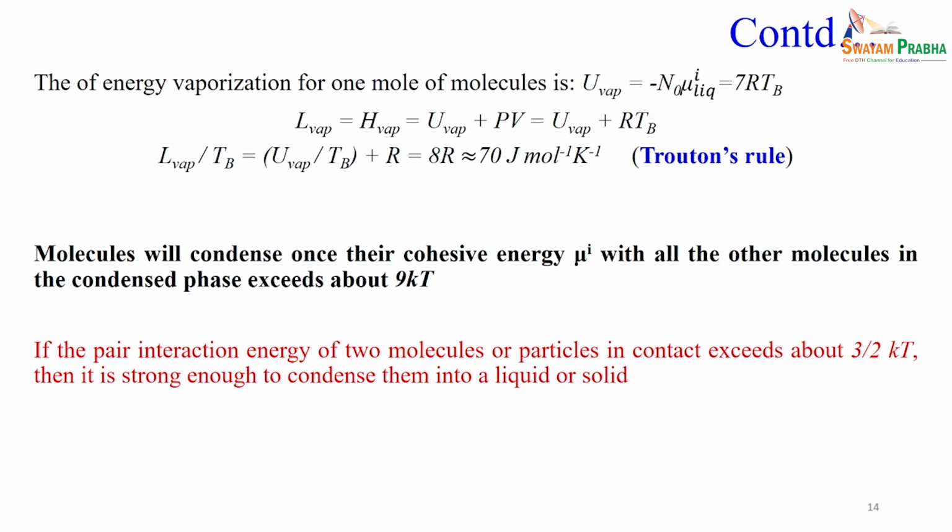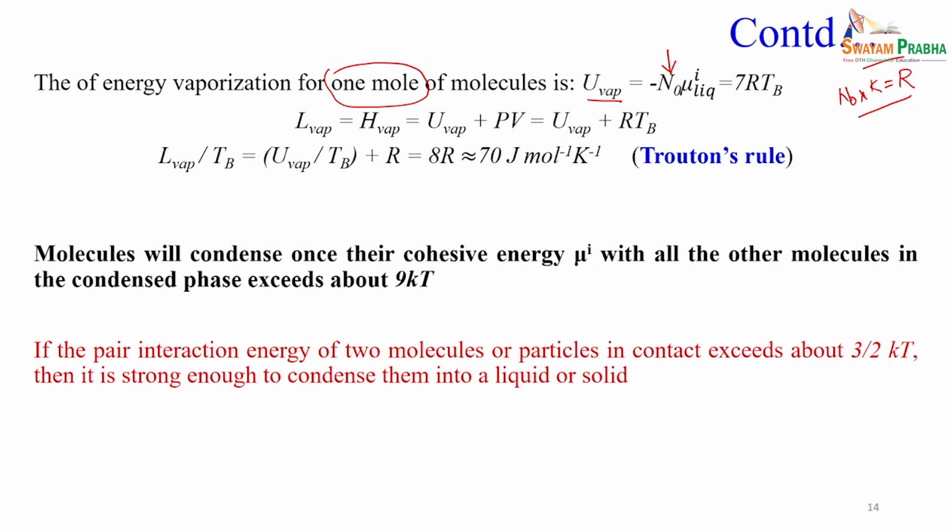Now, if there is a phase change, or you can say the vaporization of molecules, whenever you want to calculate for 1 mole of molecules, you have to simply multiply with the Avogadro number. N naught times the Boltzmann constant is simply the gas constant R. So now it will be 7 R Tb if you are talking in terms of 1 mole rather than 1 molecule.